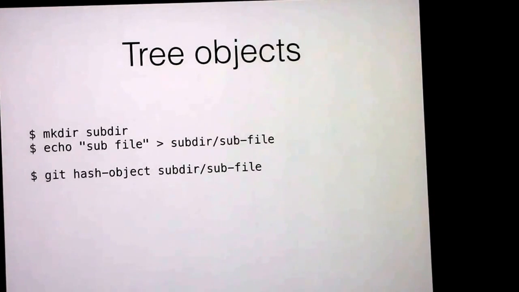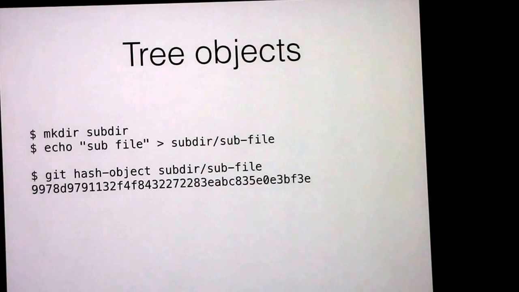It will run that file through Git's internal hashing algorithm and tell you what it would be called if you were to add it into the repository. That can be handy sometimes. Or if you have a file and you want to know if it's already in there, I guess this is one way to do it. It should look like that if you have the same subfile in there as I do.